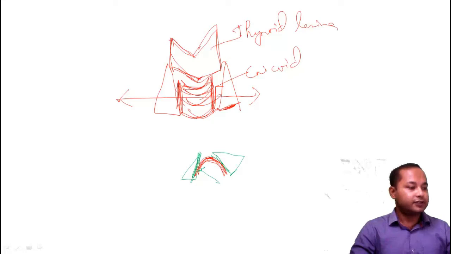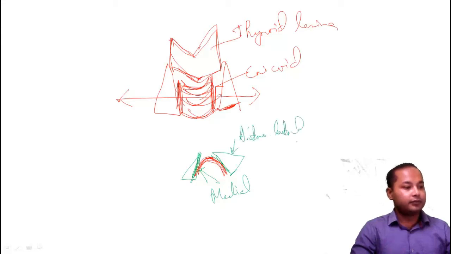This surface which is towards the cartilage is called the medial surface, and it has got anterolateral and posterolateral surfaces, and this one is the anterior border, and this one is called the posterior border.